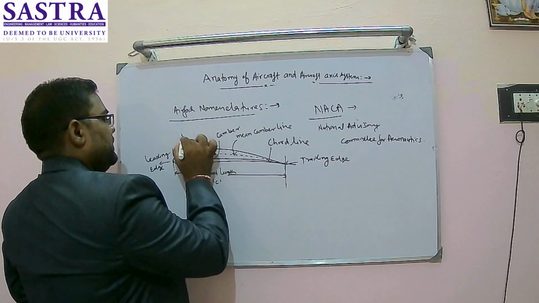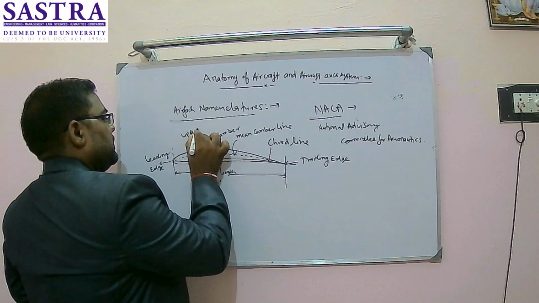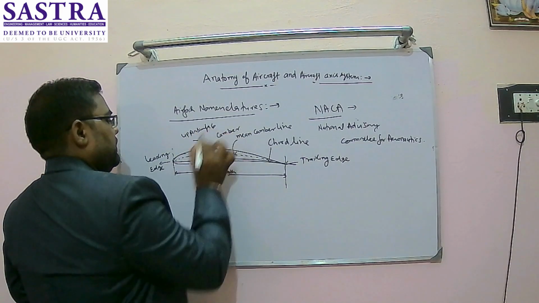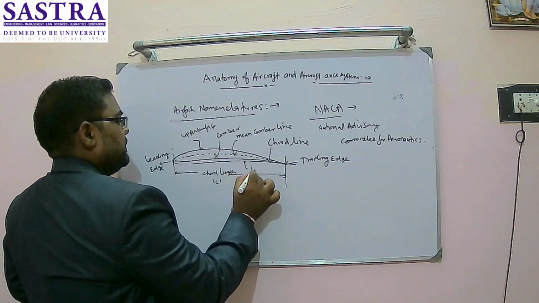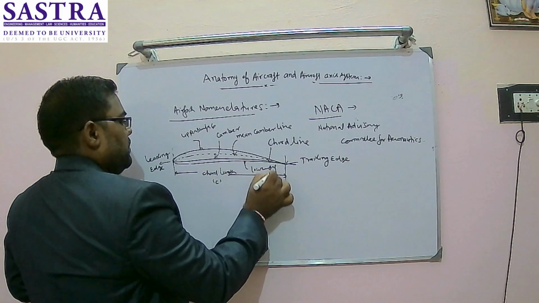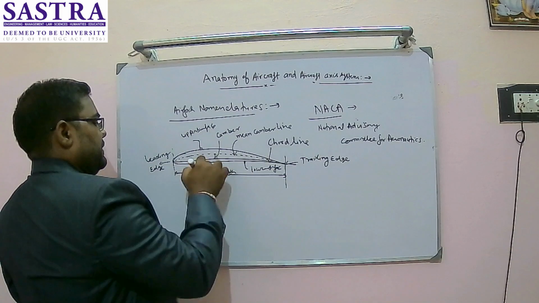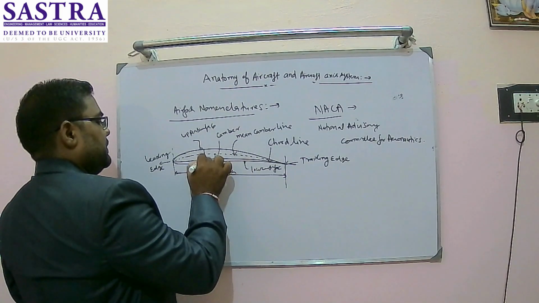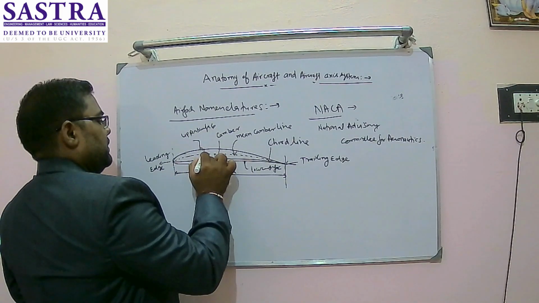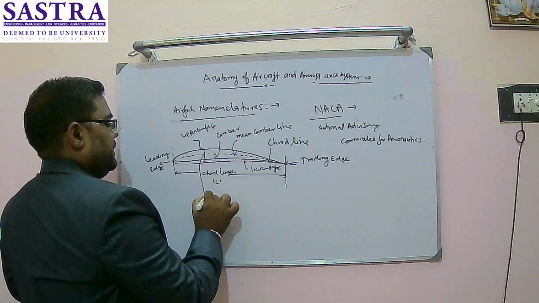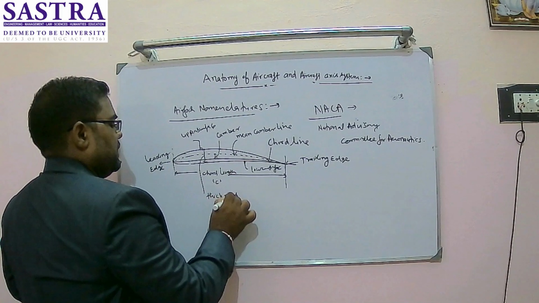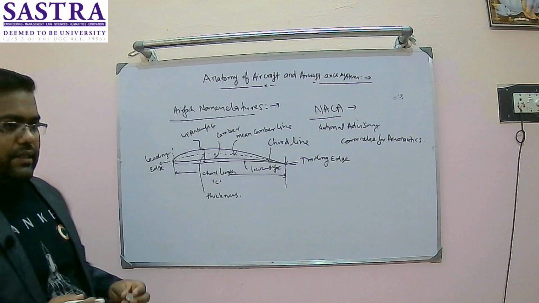This is the upper surface, this is the lower surface, and the distance between the upper and lower surface is known as thickness. One by one, I will define these.